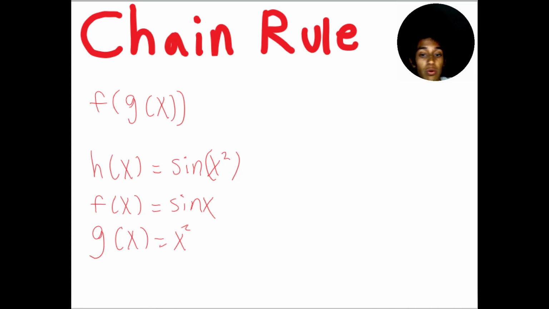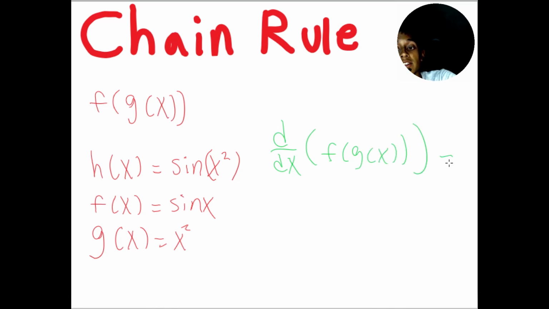Well, according to the chain rule, the derivative d/dx of f of g of x is equal to g prime of x times f prime evaluated at g of x.